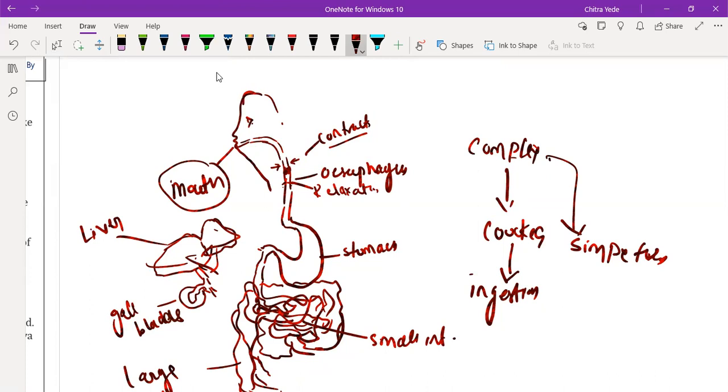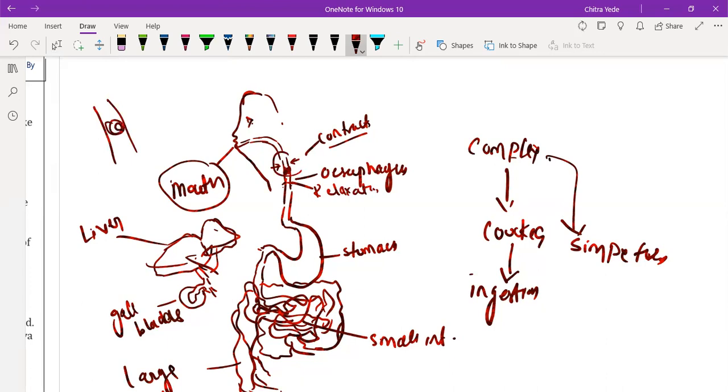Suppose this is the alimentary canal and the food is over here.